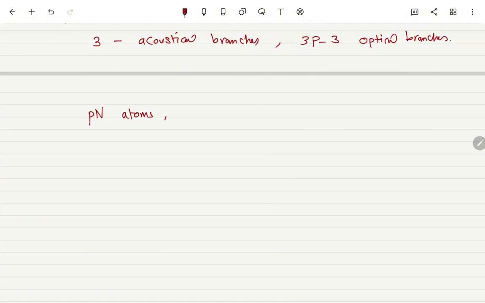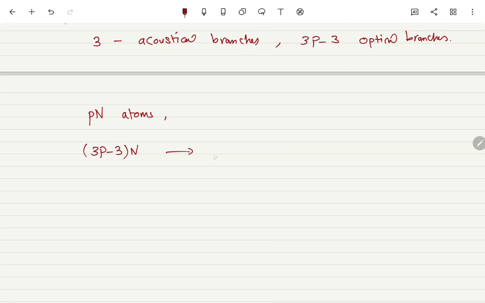Actually, we will have one longitudinal acoustical branch and 2 transverse acoustical branches. For that reason, the longitudinal acoustical branch and 2 transverse acoustical branches will have a total of 3N modes. And the rest, which is 3p minus 3 times N degrees of freedom, are accommodated by the optical branches.